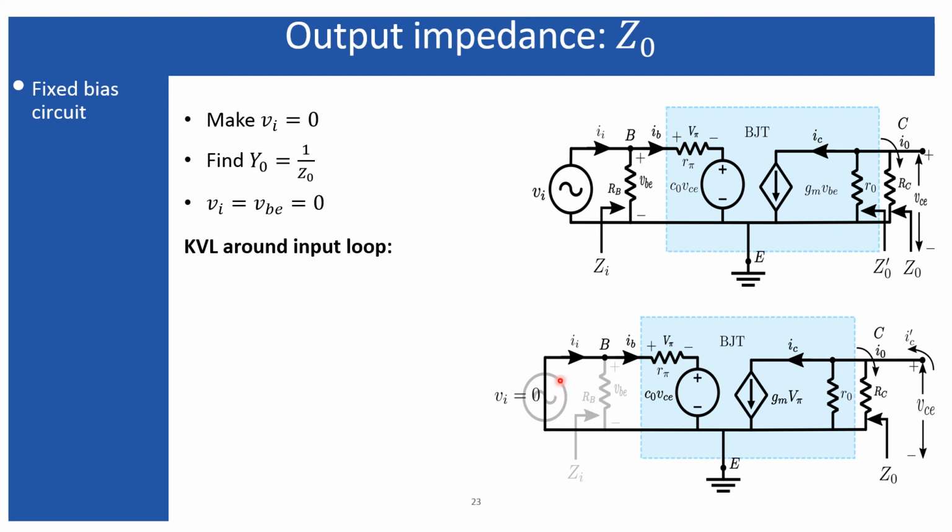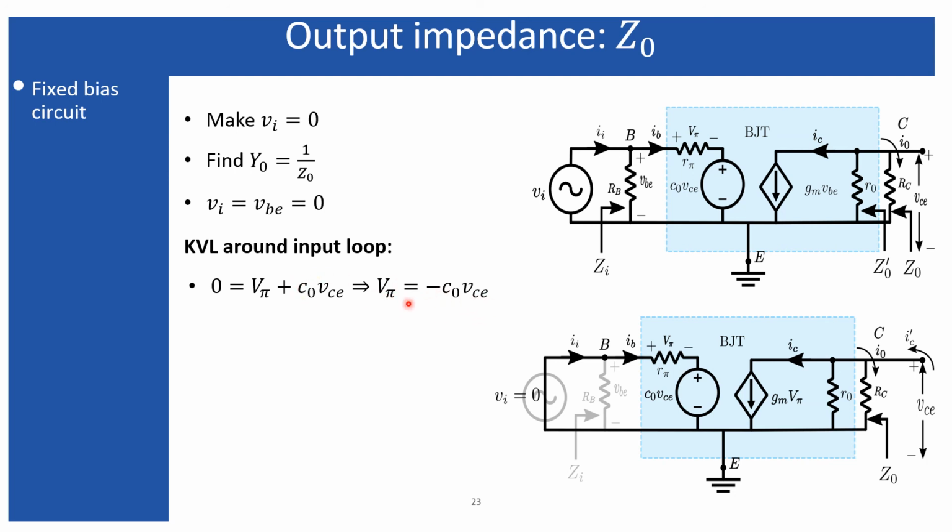If we apply the KVL around the input loop, you will obtain this expression, where initially we know Vi was equal to the voltage across this resistor and this voltage. But since right now Vi is equal to 0, V pi is equal to minus C naught Vc.